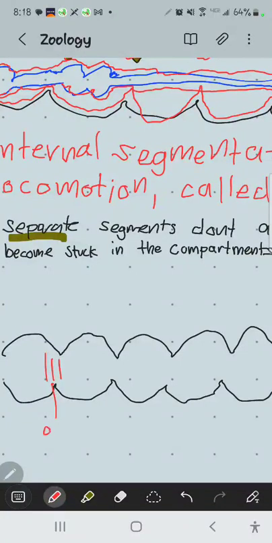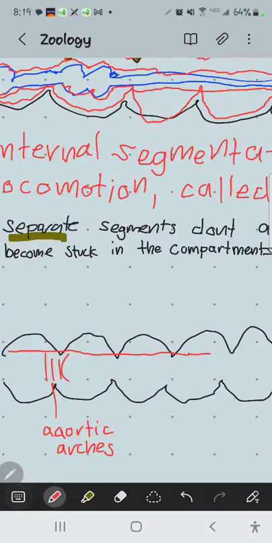The blood fluid basically circulates towards the head dorsally and passes ventrally through the aortic arches, and then passes posteriorly here.